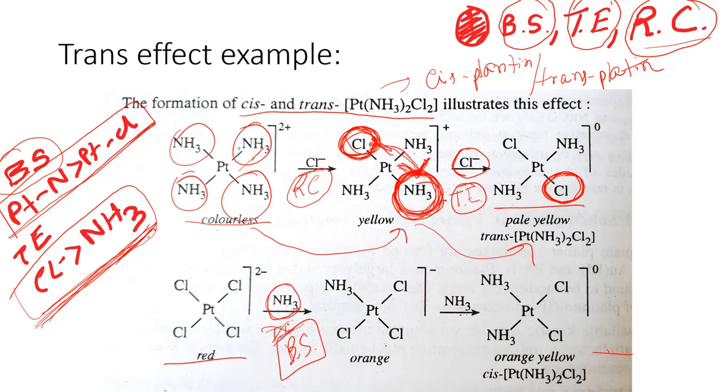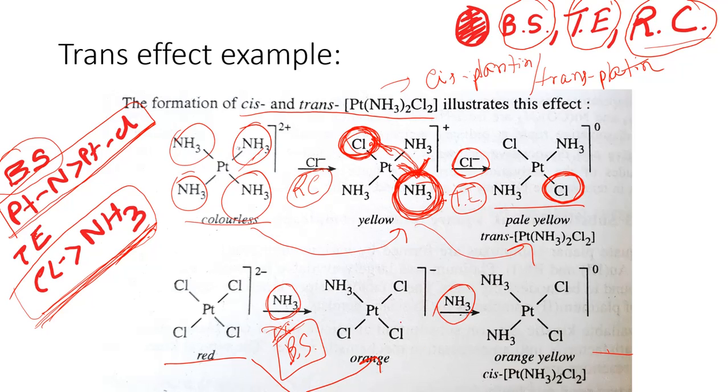If the bond strength was not favoring the step, then we can definitely say the reaction condition would favor the step. So we have already determined this step. Now in the next step, if we add another ammonia, we can first take the example of the trans effect.